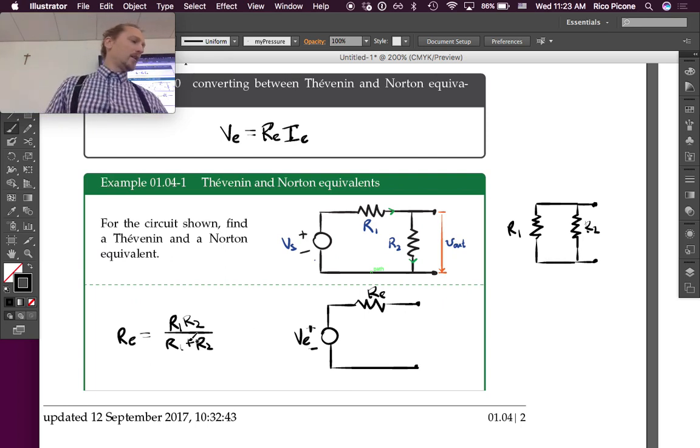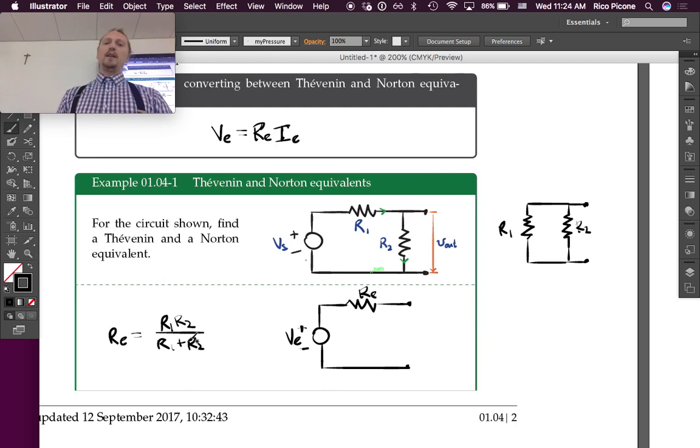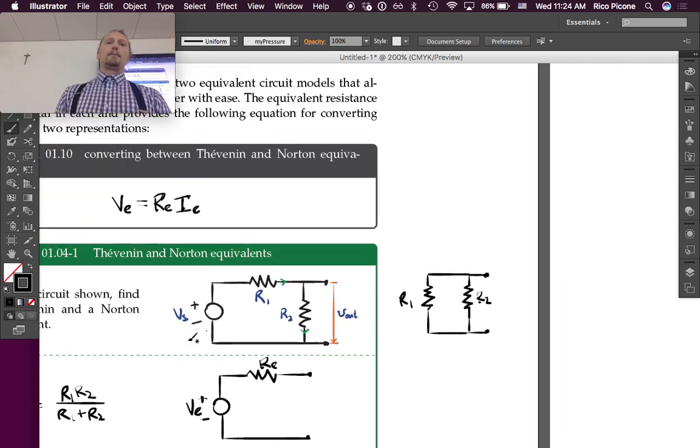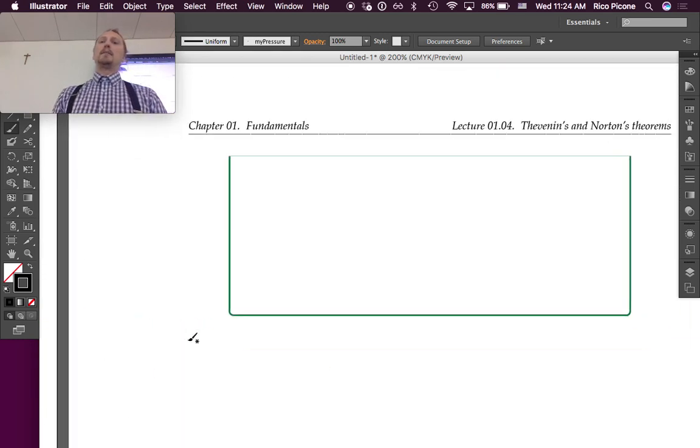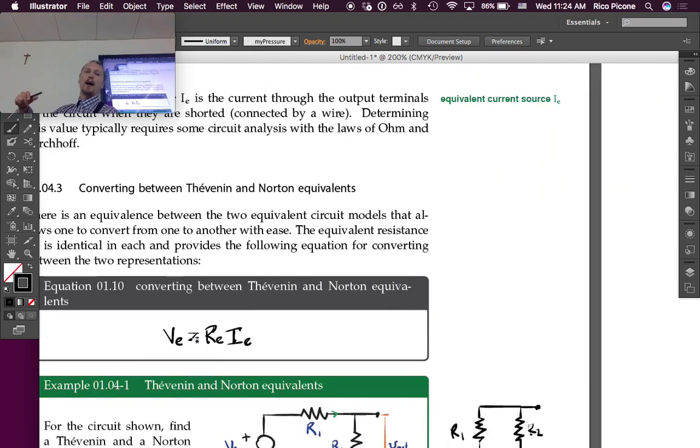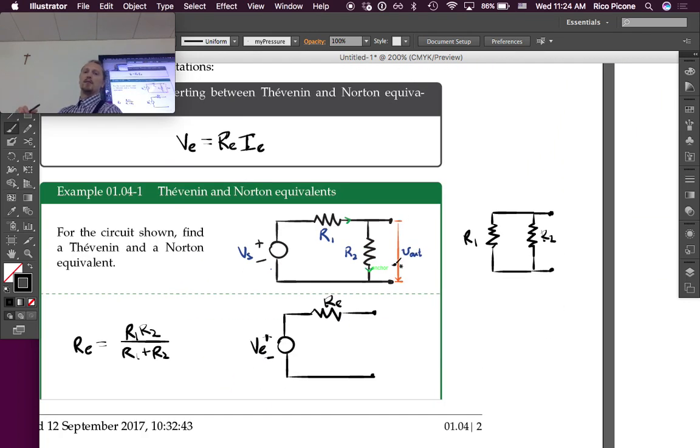And then the other part, which is admittedly a little bit tougher, what do we do for our VE? How do we find VE? Remember, I explained that you had to determine what the output voltage is with nothing connected to this output. So you just need to decide what V out is, right? And that's going to be our VS in the circuit.